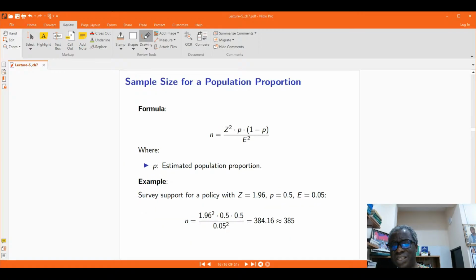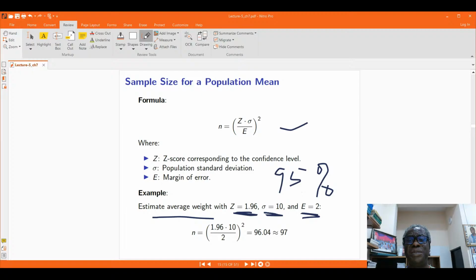So let's now look at how to compute the sample size for a population proportion. The previous formula is used when our interest is in determining the sample size for a population mean.